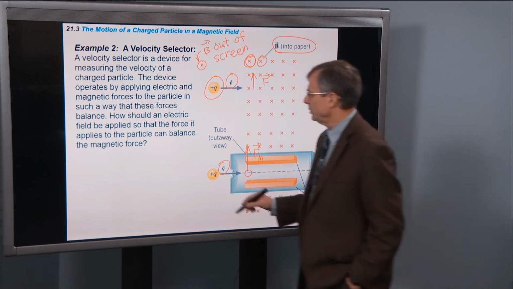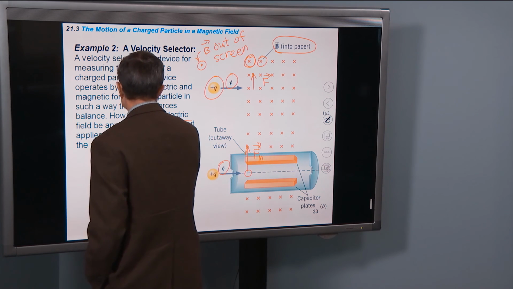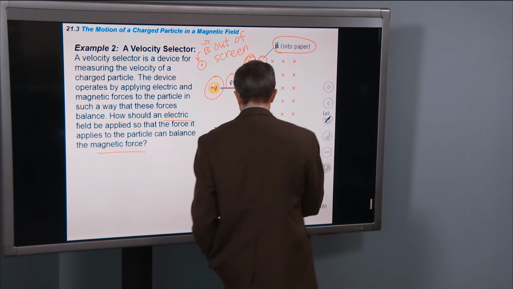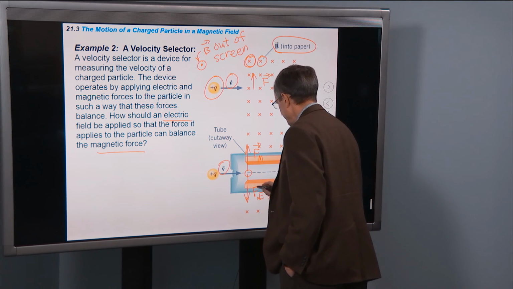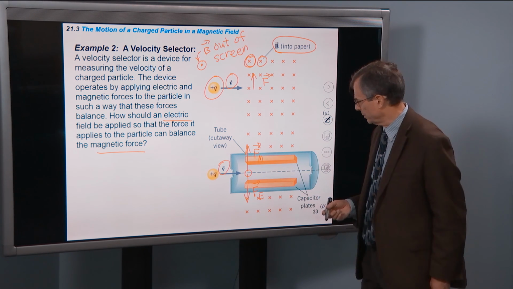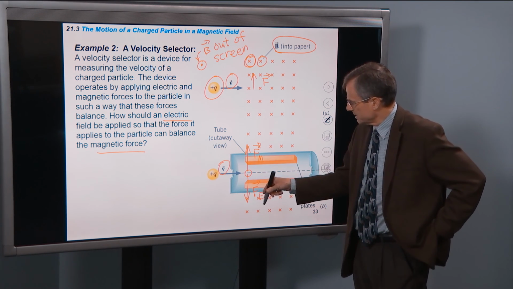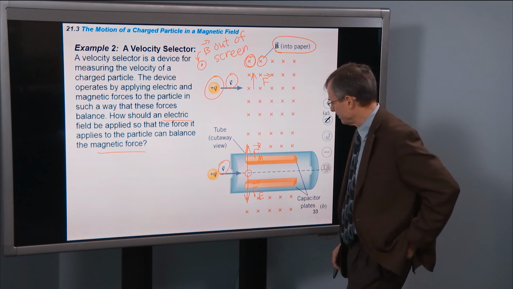And what we're trying to do is apply an electric field so that the net force will be 0. So I want an electric force. This subscript E just means that that's the electric force. I want an electric force that's down to balance out that magnetic force that's up.